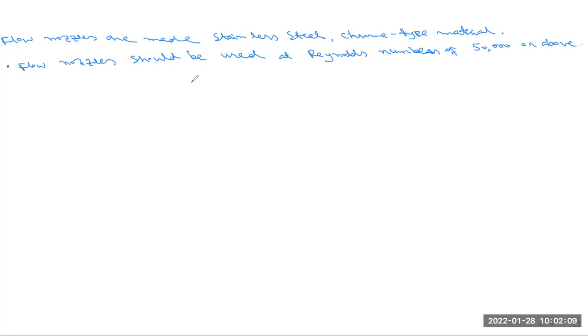Okay, so this is basically the value for the flow nozzle method. The Reynolds number value minimum is 50,000 or above. Okay, is it clear, all of you?